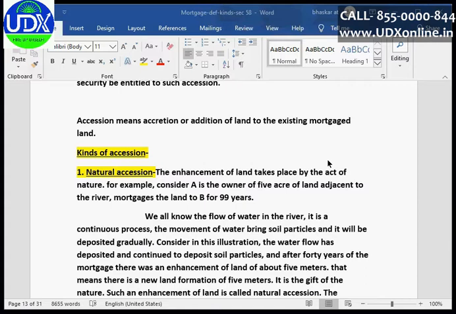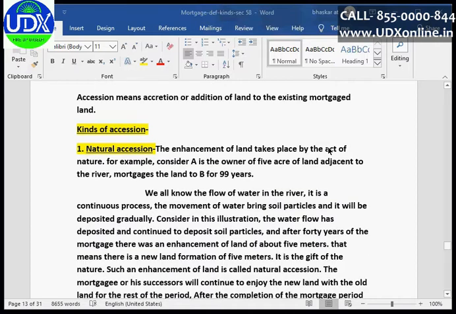Okay, so section 63 I have explained these things. Now we have to repeat once again. What is accession? Enhancement, addition of land to the existing mortgaged property. Okay, very simple. So, addition of new land or formation of new land to the existing mortgaged property.